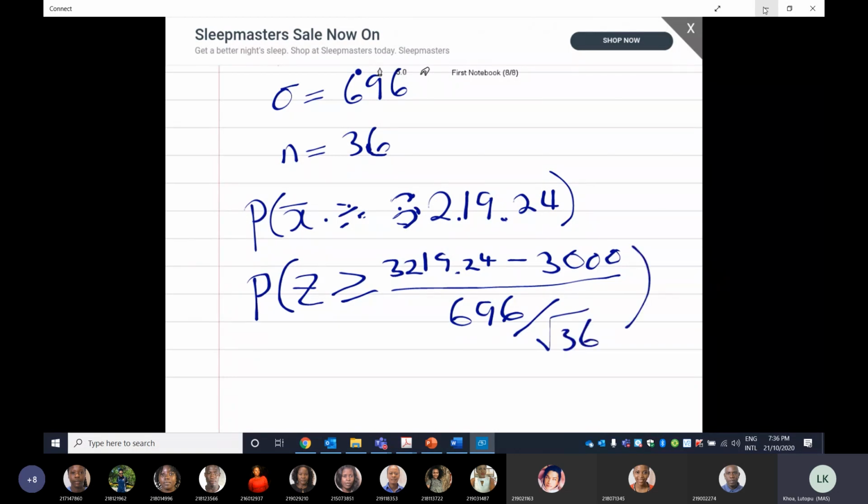So can you standardize the 3219.24 and let me know what the Z value will be?